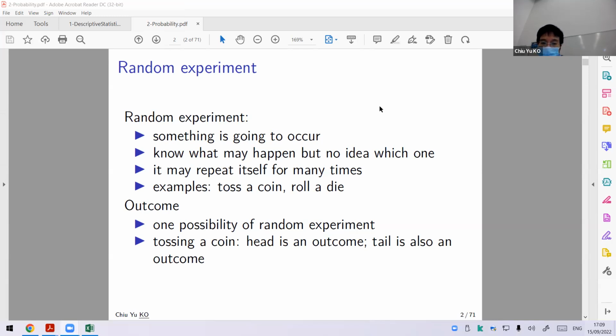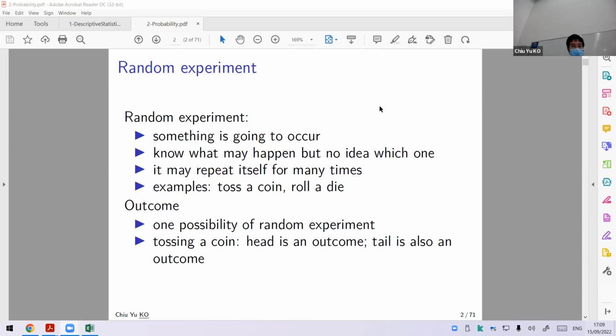And a random experiment must be able to repeat itself many times, okay? If not, then it's usually not meaningful in the classical sense of random experiment, okay? If things just happen once and are not going to happen again, then a random experiment is not really useful, right?